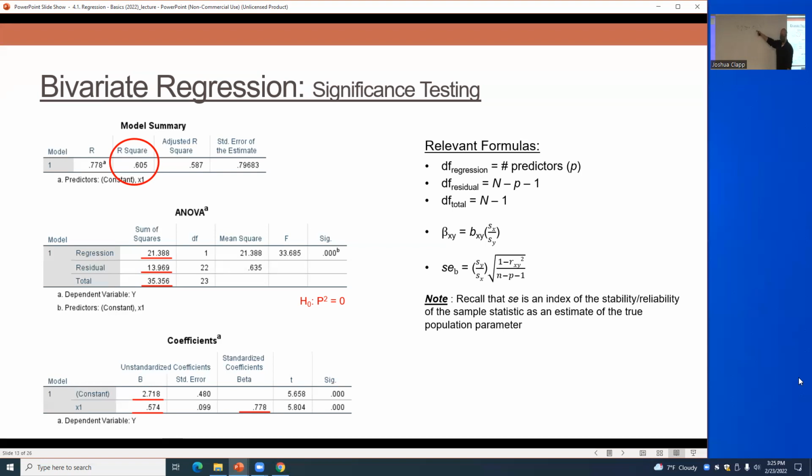So for every unit increase in x, I should expect a corresponding 0.57 unit increase in y. Now, if it was negative, it would be a 0.57 point reduction, right? But here we've got everything that we need. Josiah, you can give me any value you like for x, and I can tell you, based on my model, what I would expect the corresponding outcome to be for y.